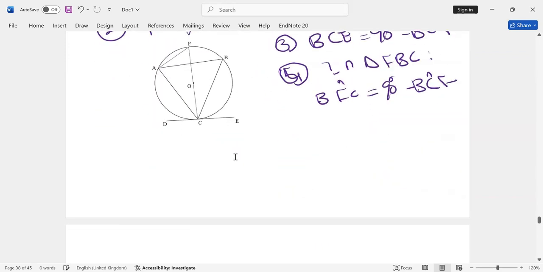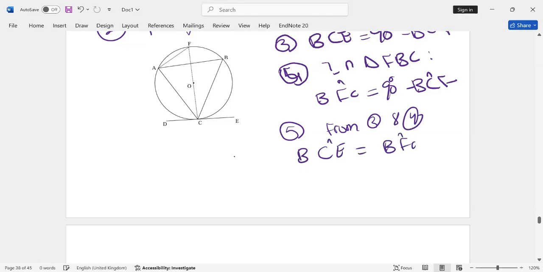Okay, so the fifth point is that from 3 and 4, BCE equals BFC. All right.